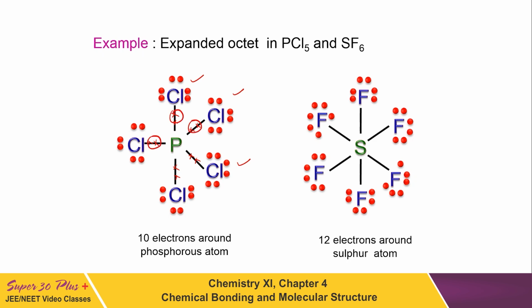How many bonds are there? 5. 2 electrons from each bond, total 10 electrons around the phosphorus atom. Same goes with sulfur. It is one more step ahead. It has 12 electrons, you see students. It has 12 electrons in the outer shell. So here also this is an example of expansion of octet.